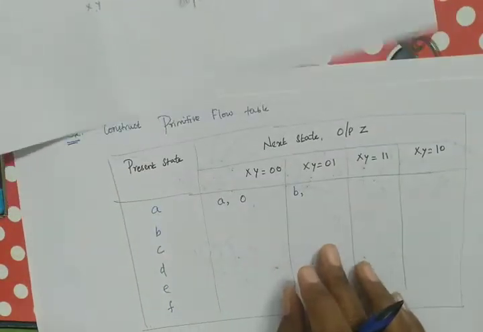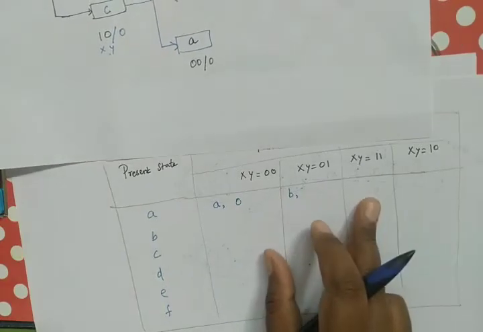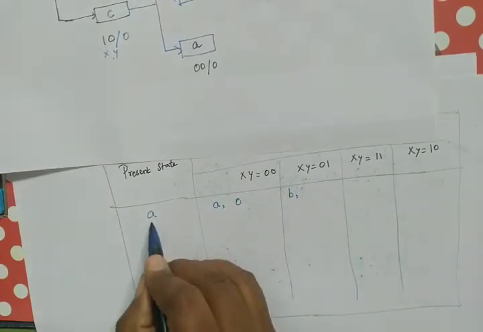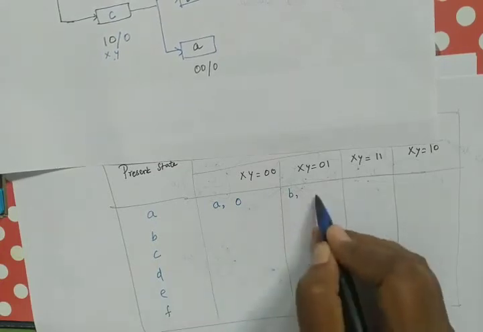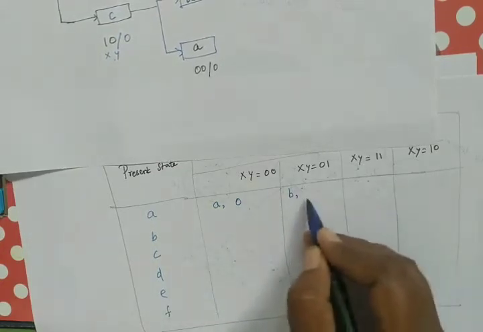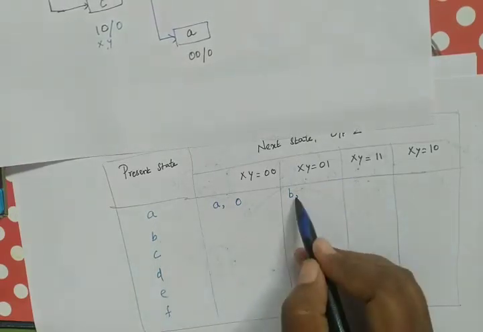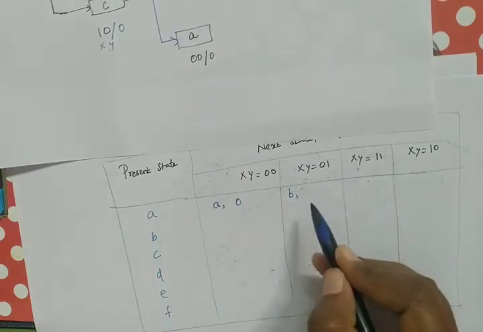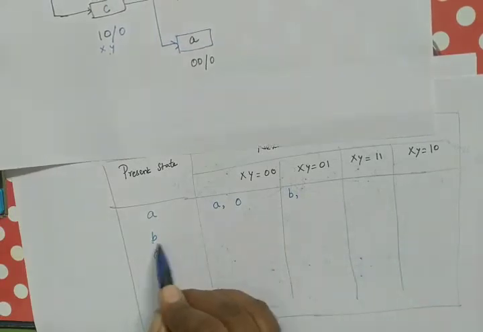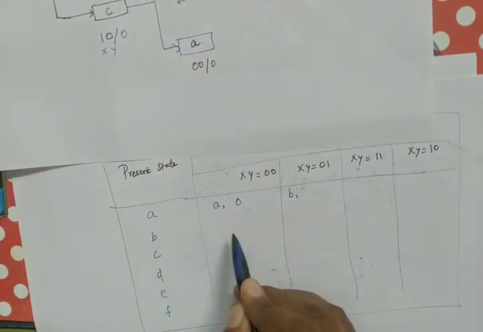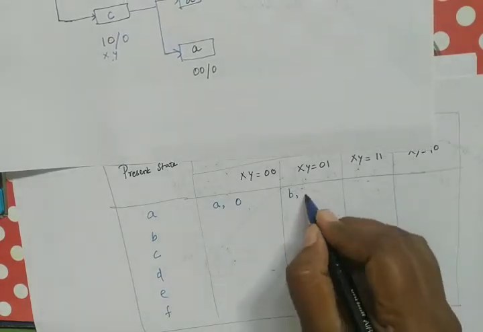In the primitive flow table, what we have to remember is we should not write the outputs for the other states. If it is A, then we write the output only for the A state. Likewise, if we have B, then we write only the output for B. We should not write for other states, so here we represent a dash.